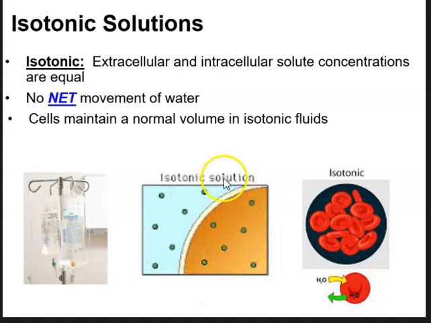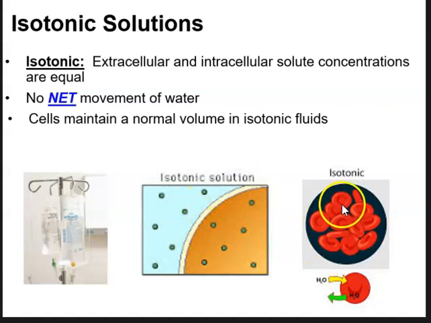So we have an equal amount of solutes out and in. Because there is an equal amount of solutes, there will be no net movement of water. Water will be in equilibrium between the inside and the outside. And then the cells are able to maintain a normal volume in isotonic fluids.